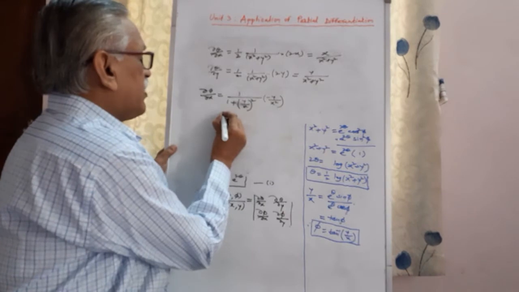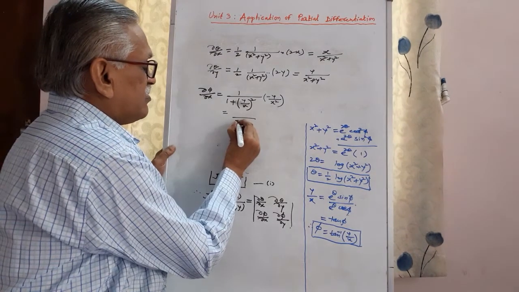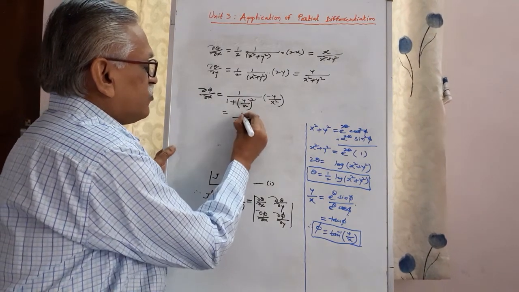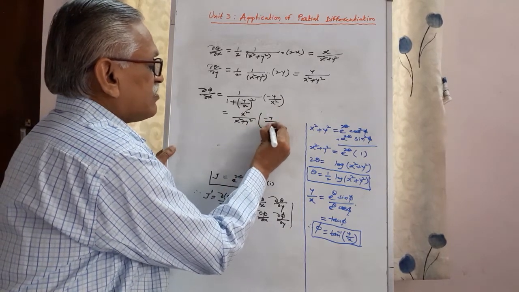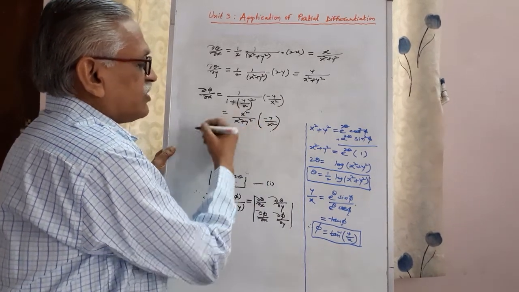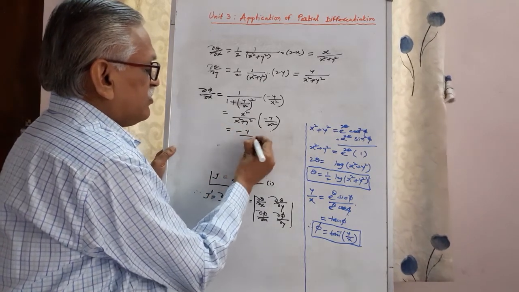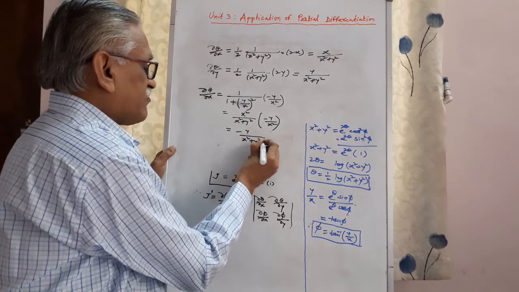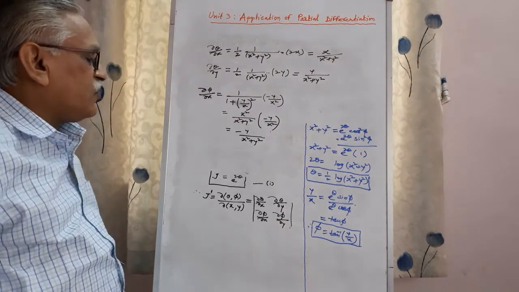Simplifying it by cross multiplication, we get x square plus y square divided by x square, that goes to numerator, into minus y by x square. X square get cancelled. We get the value as minus y upon x square plus y square. Okay. This is the dou phi by dou x.